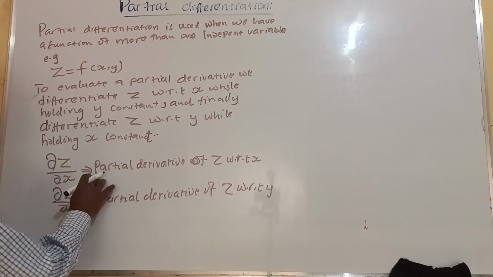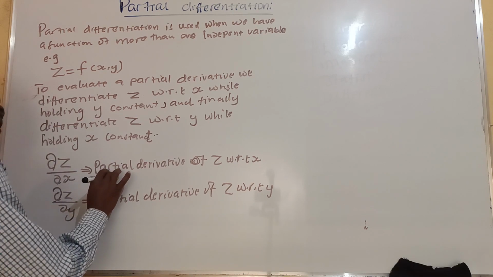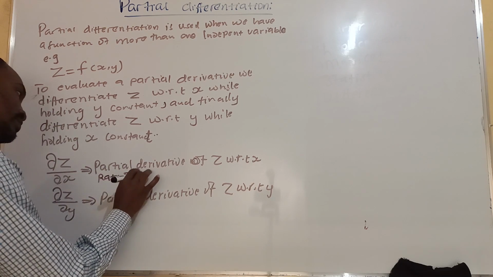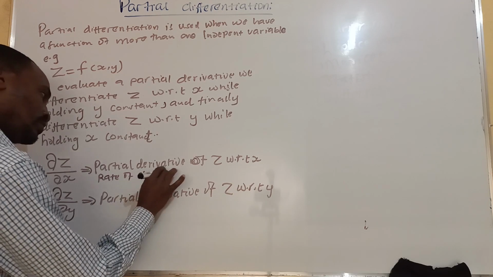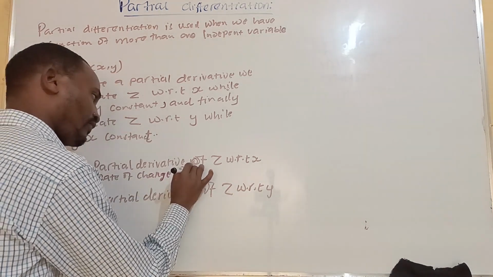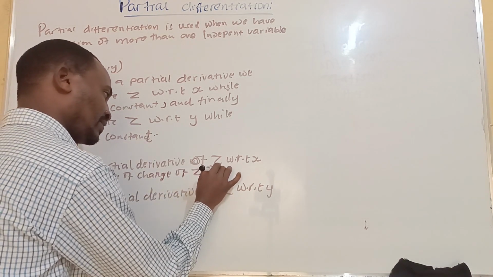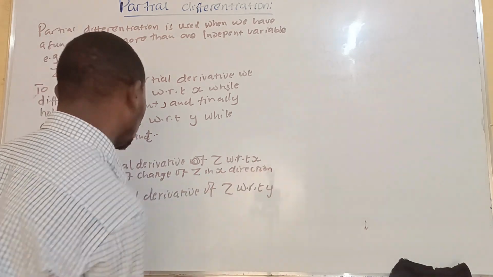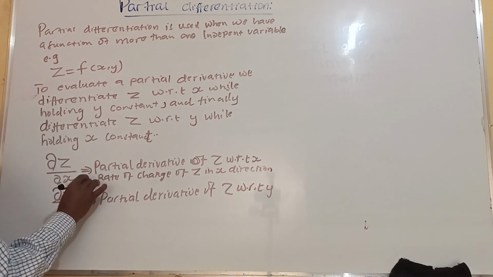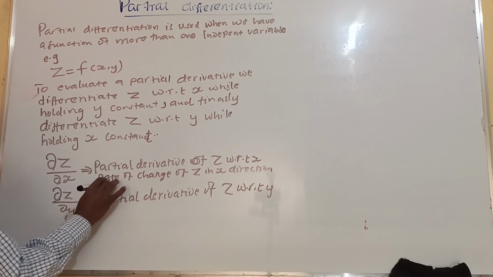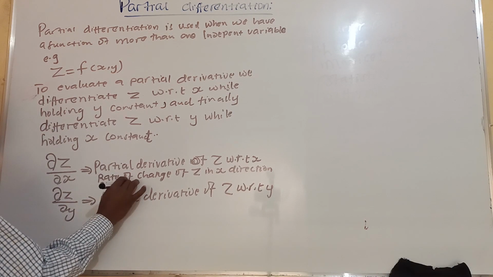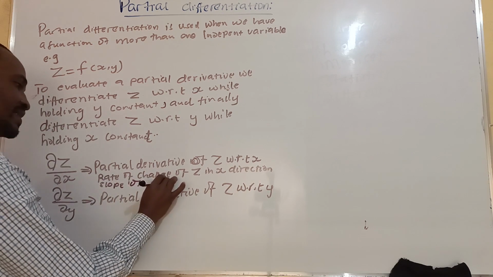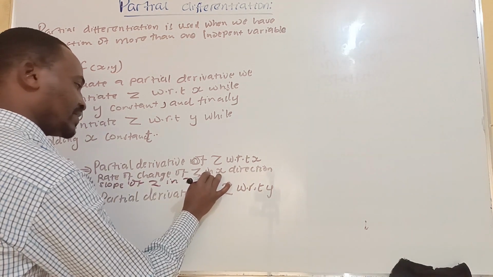This one we can also call the rate of change of z in the x direction. We can also call it the slope of z in the x direction.